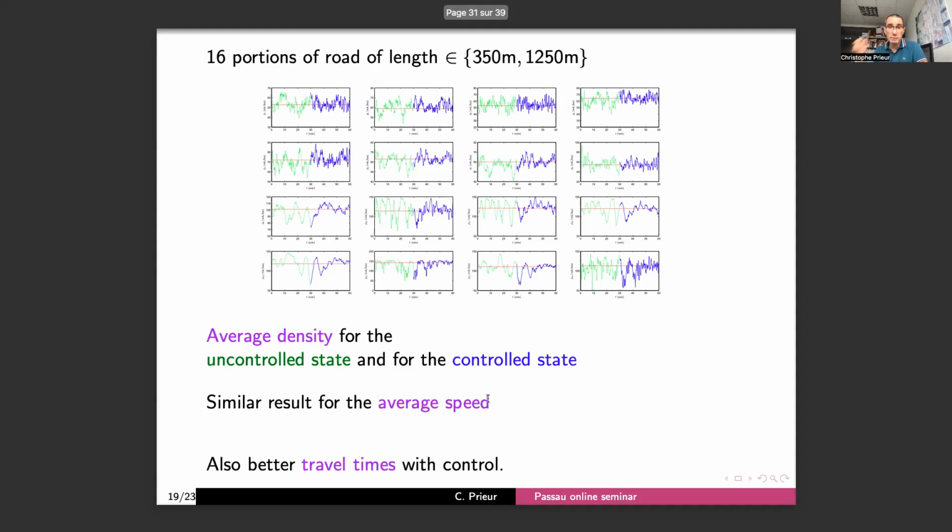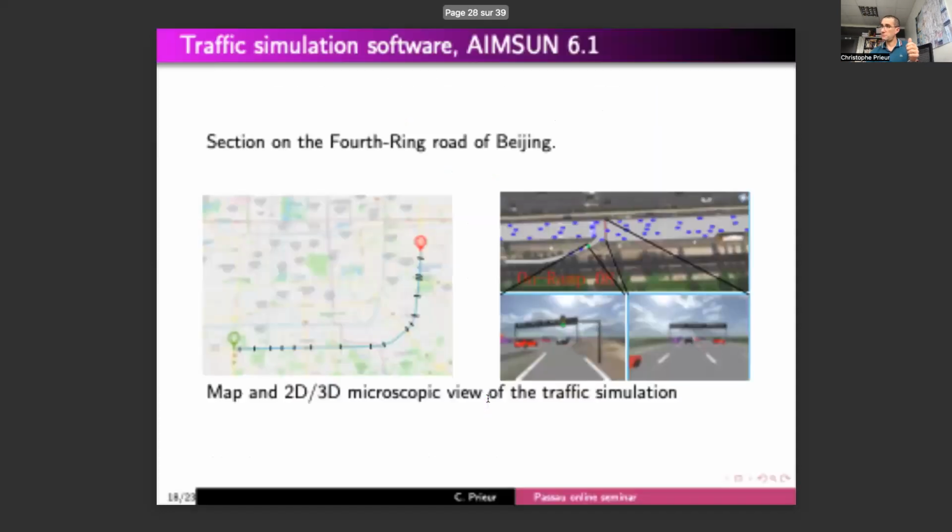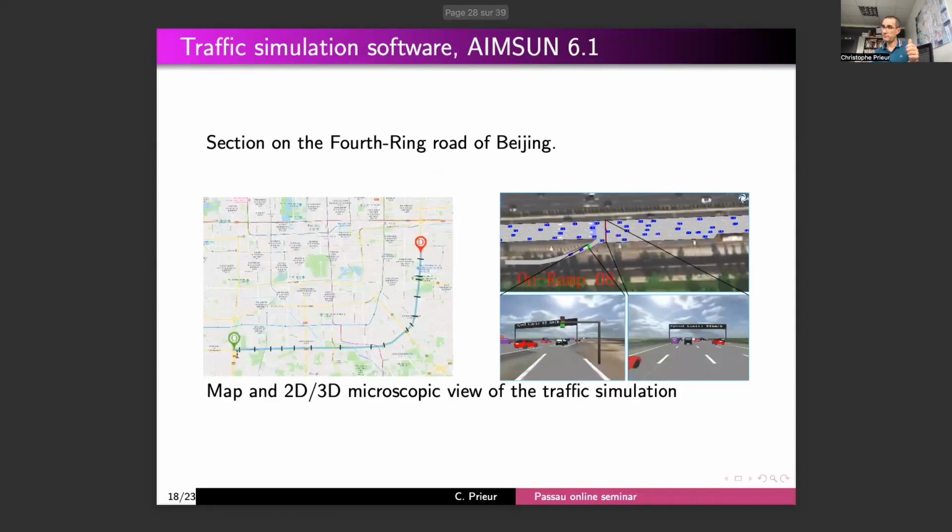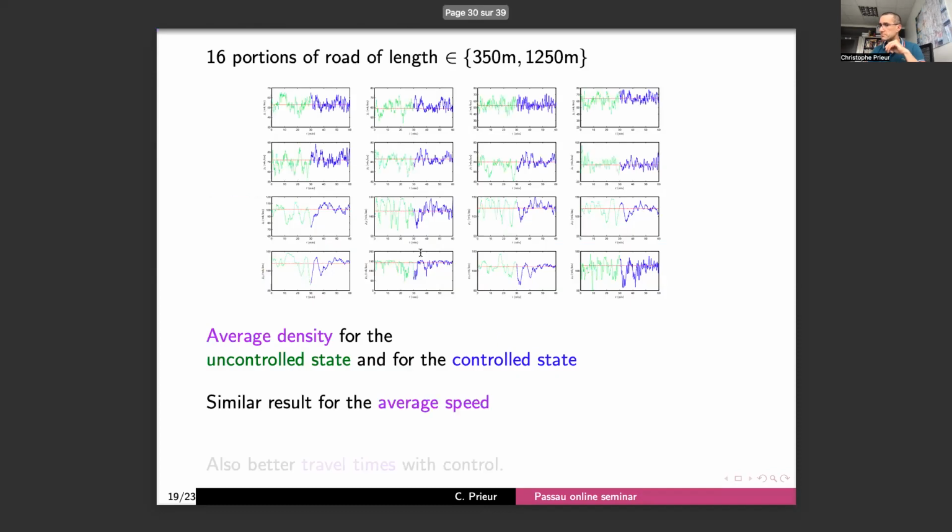And in fact, what is very good is that we can also estimate the travel times. Of course, the travel time is related to a description at the microscopic level. It is just the time that you need to travel from the beginning of this segment to the end of it, or the other way around.